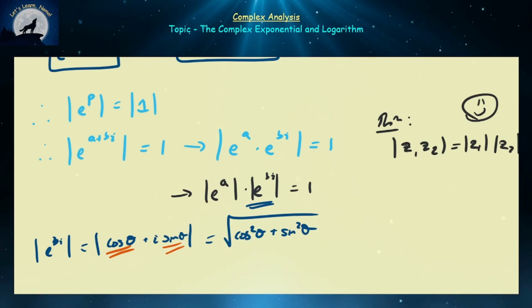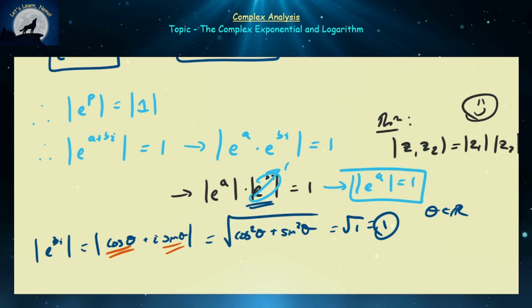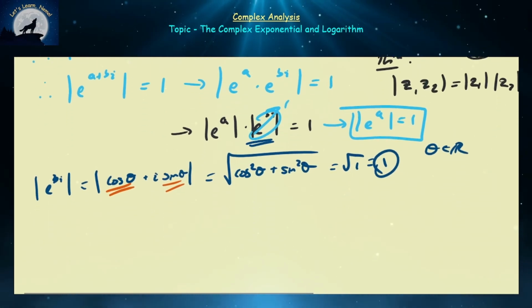But sine squared theta plus cosine squared theta is going to be equal to 1. Keep in mind, theta is going to be a real number. So that's going to be equal to the square root of 1, which we know to be equal to 1. So this part just vanishes into 1, and then we're just left with the absolute value of e to the a equal to 1. So now we have at least a basic statement of what the solution is.